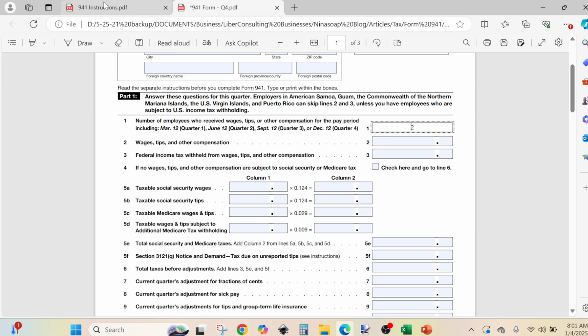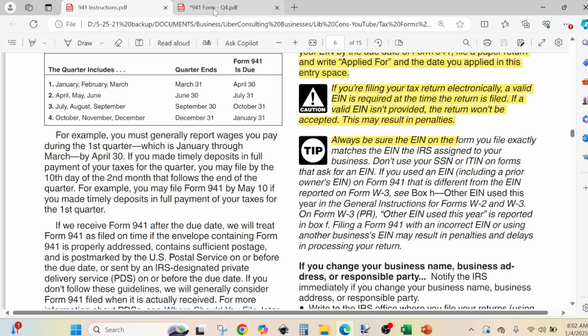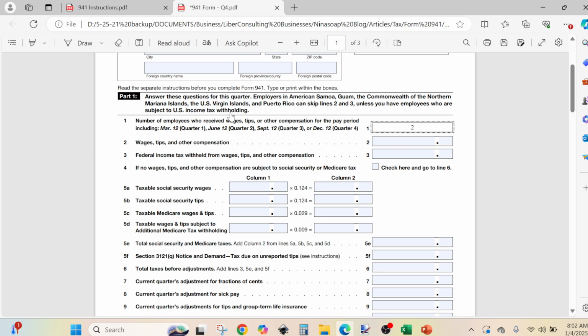This one is the 2024 instructions for quarter 4 of 2024. That is due by January 31st, 2025. But it's good to read through the instructions and highlight things that are important for you. That way, every quarter when you file, if you need to refresh your memory, you know to quickly scroll through the instructions and see what you are looking for.